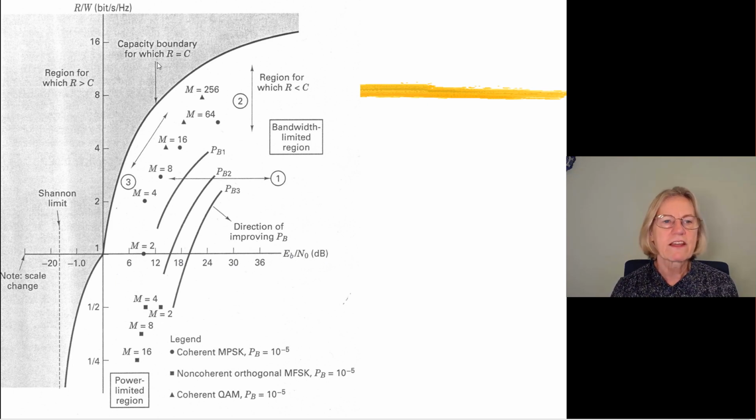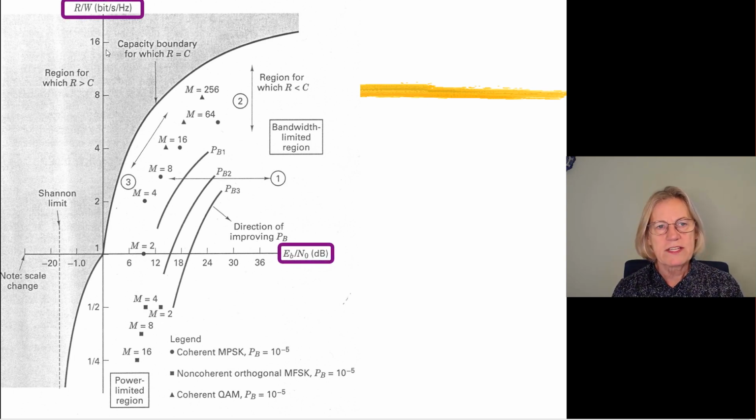So once again, the gray area is the area we cannot achieve because it violates the Shannon limit. And the white region is the region of interest. These are practical systems which can be attained. So we've got some points that are plotted here, and these points are coming from the calculations I showed you previously.